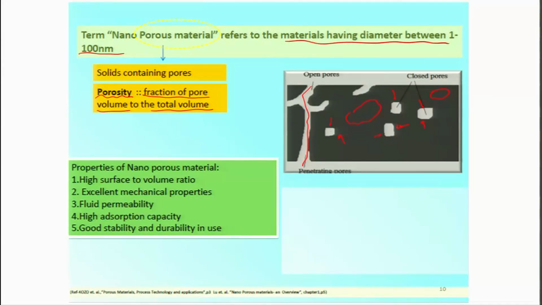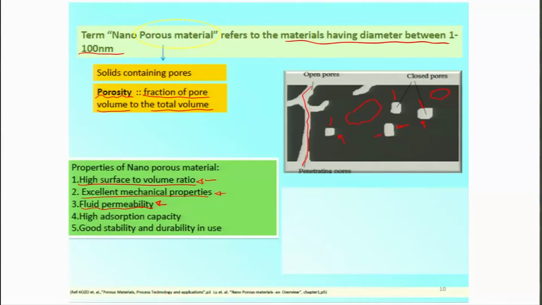And we have the properties. There are some very distinct properties of the nanoporous materials. One is of course the high surface to volume ratio, excellent mechanical properties, and fluid permeability. So, whenever we talk about gases and gas sensing, the question of gas diffusivity comes into the material.